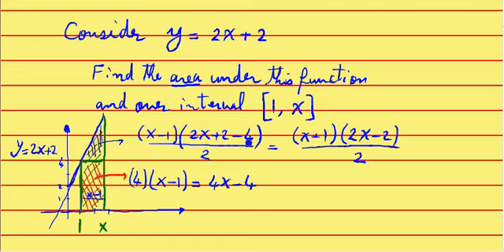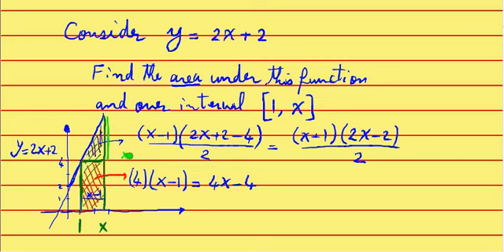If the calculation of this mystified you, let me repeat it in another style. Here this run is x minus 1. Slope of this line is 2. So the height of this section from here to here, which is the rise, is going to be the run times the slope.